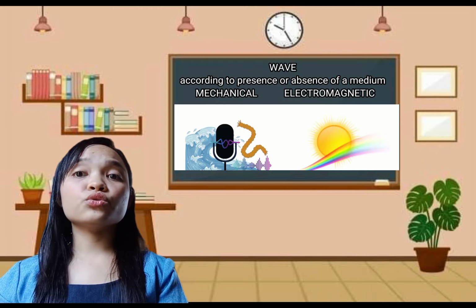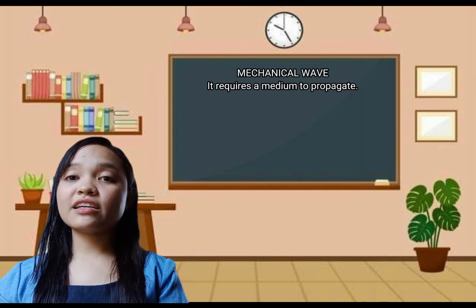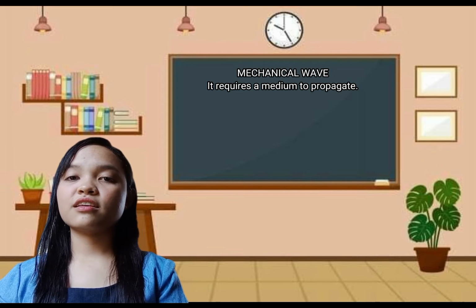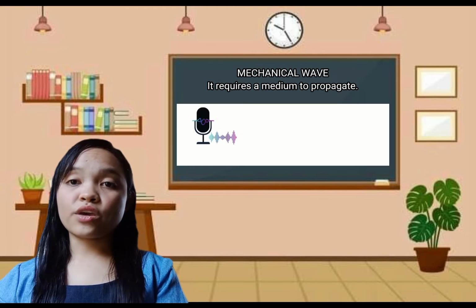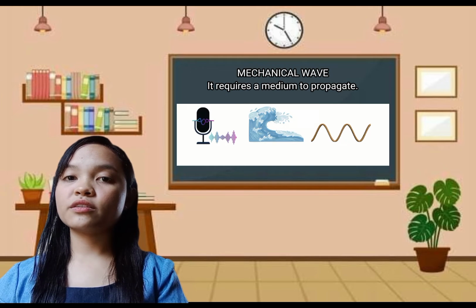Mechanical and electromagnetic waves are two types of waves that can be classified. A mechanical wave is one that requires a medium to propagate. Examples of mechanical waves include sound waves, water waves, and waves in a rope.